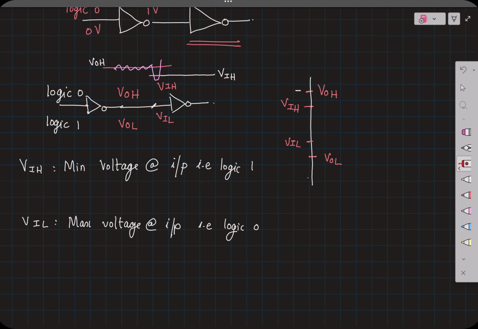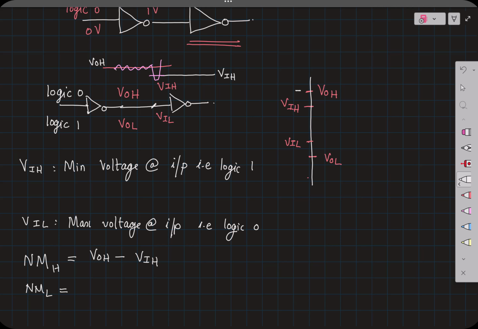What should we call that parameter? Noise margin. So your noise margin high is simply equal to VOH minus VIH. Similarly, you can have a noise margin defined for this region. Your noise margin low, what is this value equal to?